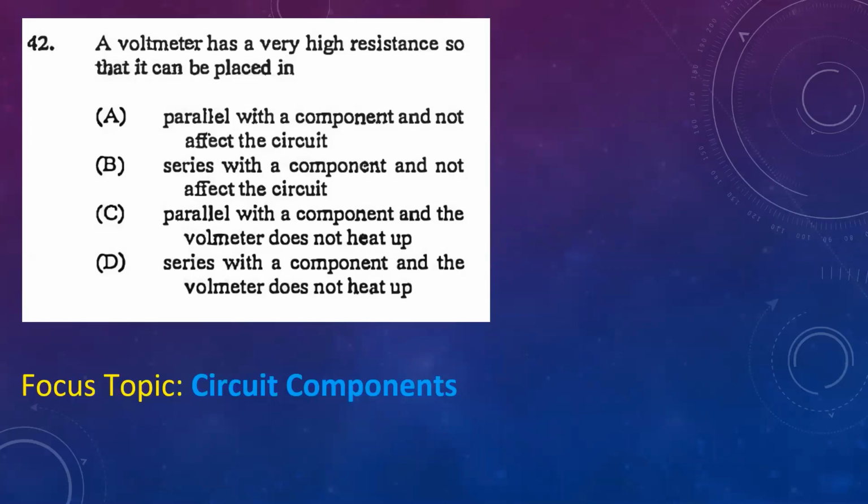Now, voltmeters are always connected in parallel with a component, so that would eliminate options B and D. And of course, we don't want the voltmeter to affect the circuit because we don't want it to disrupt any of the other readings for current or anything. So the answer there would be A.